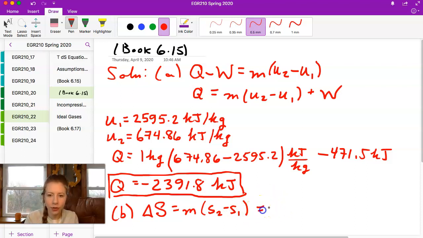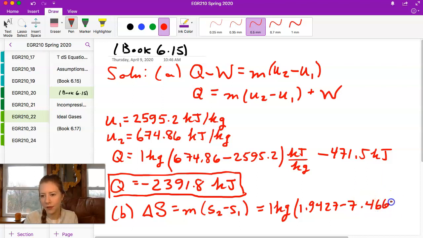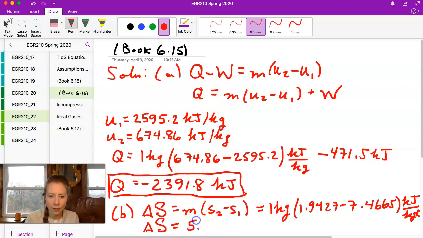So this is going to be equal to 1 kilogram times 1.9427 minus 7.4665 kilojoules per kilogram Kelvin. So delta S is going to be minus 5.5238 kilojoules per Kelvin.